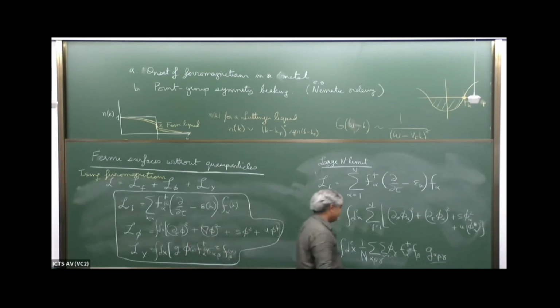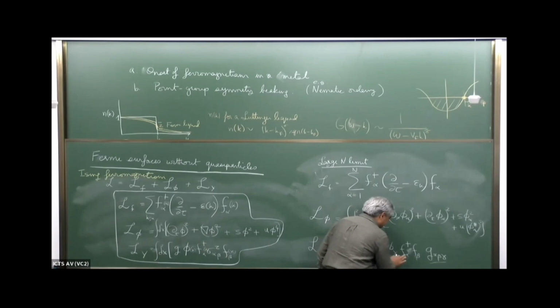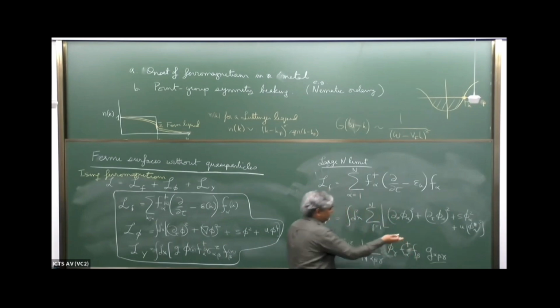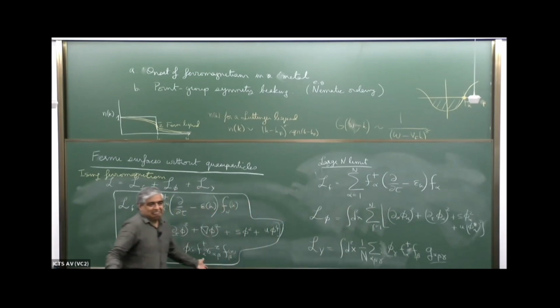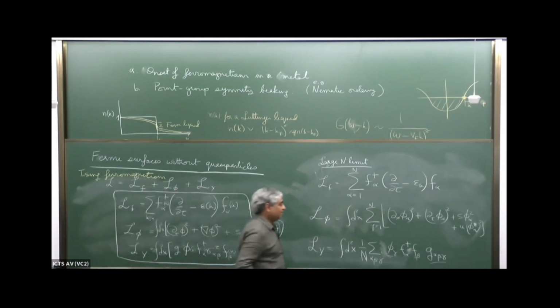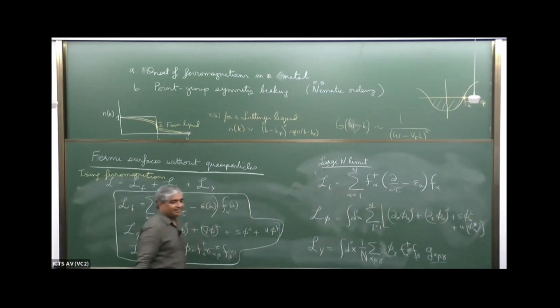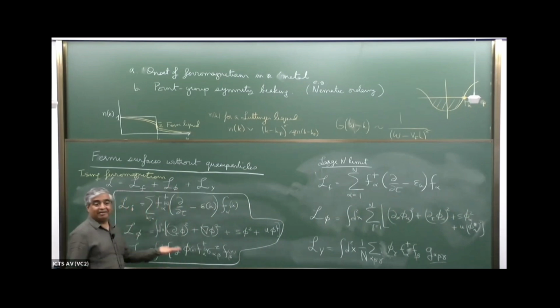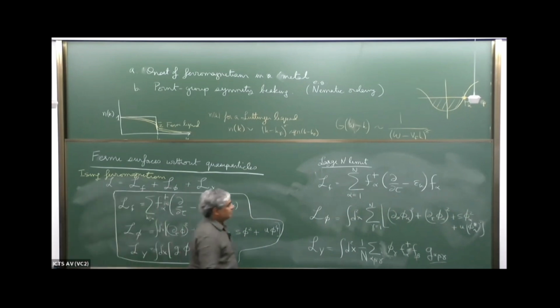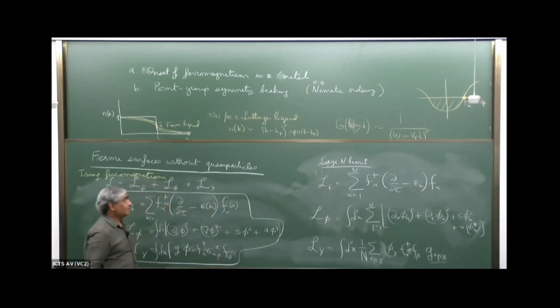I can, but I just want to spare myself all these indices, so I'm not doing that. As you'll see, the results only depend on the second moment of G. The value of G will drop out of the answer in the end. Whether G is positive or negative doesn't matter. It only depends on the second moment of G, and that determines the leading critical behavior.